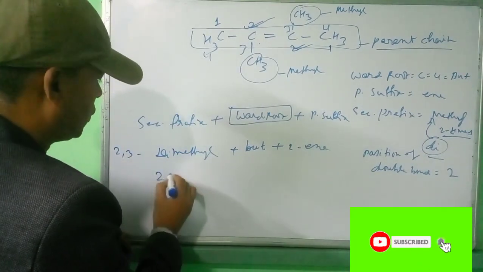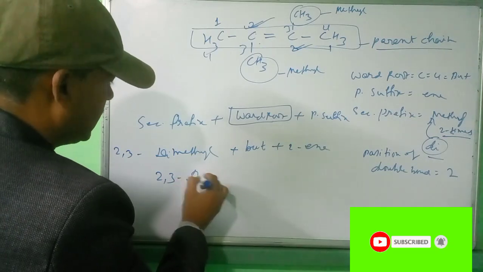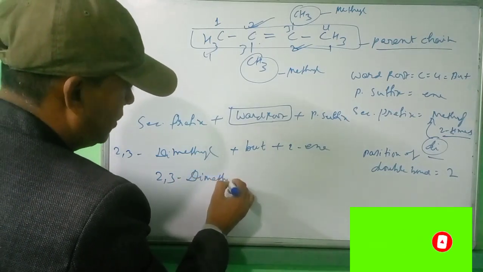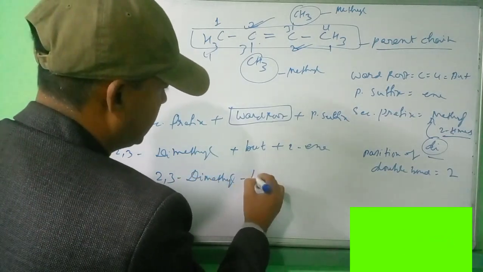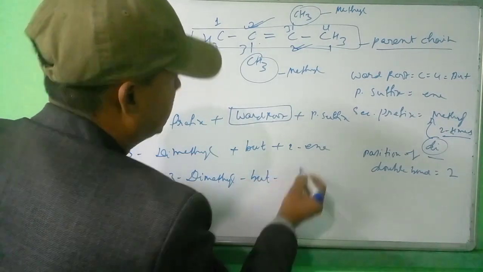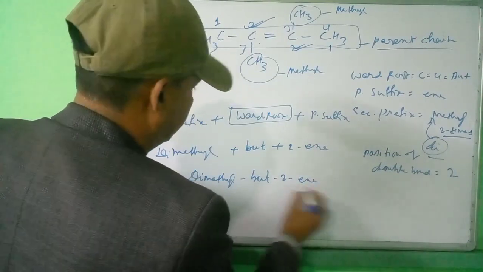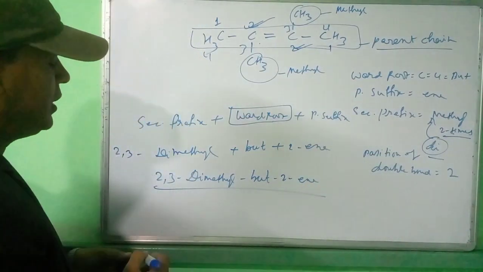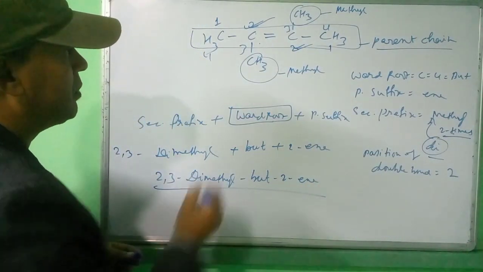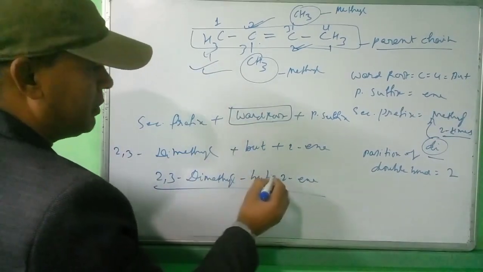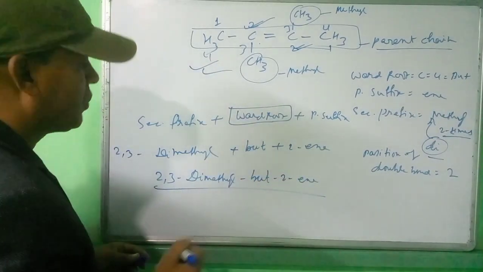Finally we get 2,3-dimethylbut-2-ene, with the double bond on the second carbon. This is the IUPAC name of this compound.